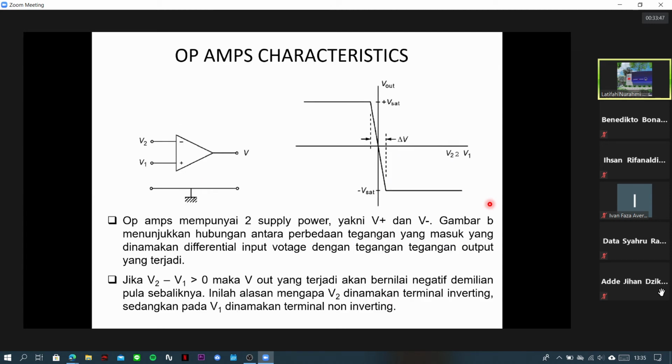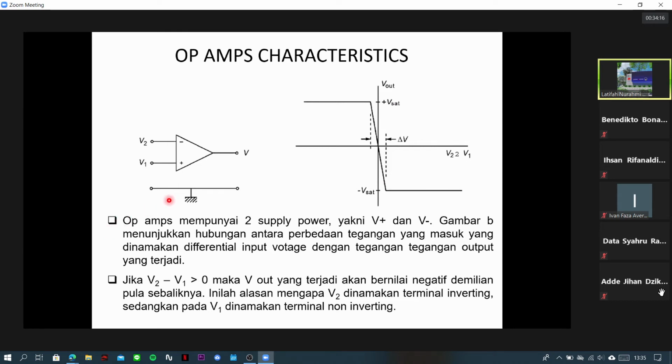The characteristics of operational amplifier. This is actually already available in the book, but let's learn together. The operational amplifier may have two supply powers, positive and negative.